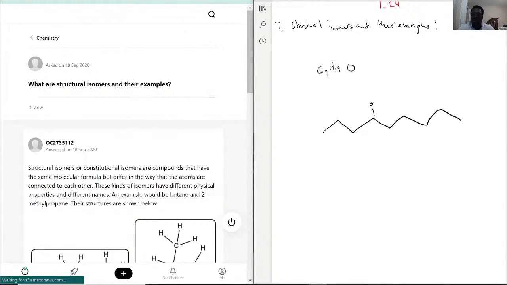But then I could have drawn the exact same picture and put the oxygen here, and both of them would have such different names, but this is an example of a structural isomer. Now this one has, if I count it, 1, 2, 3, 4, 5, 6, 7, 8, 9. We had no name, okay, and then we have 1, 2, 3, 4.